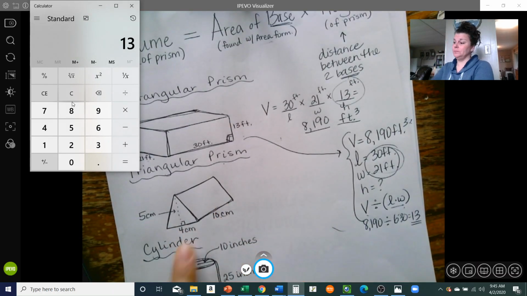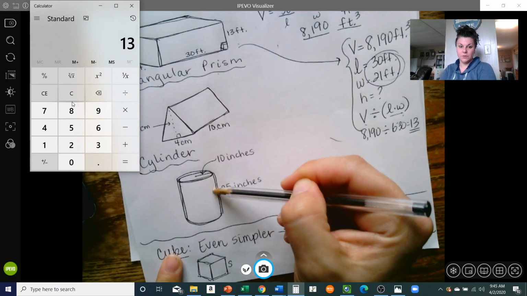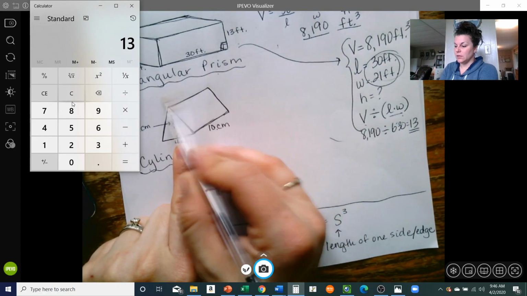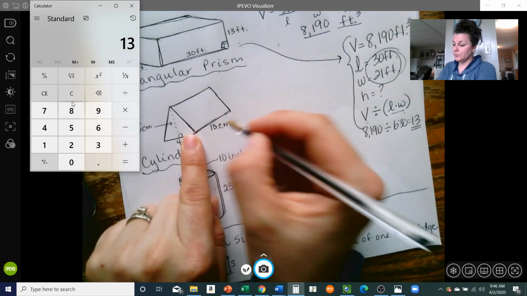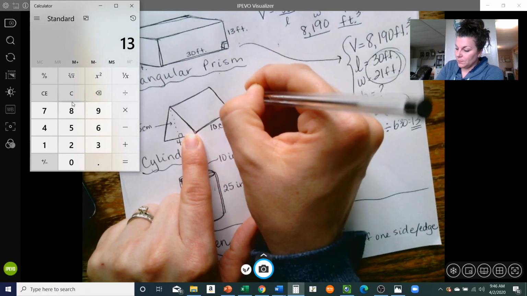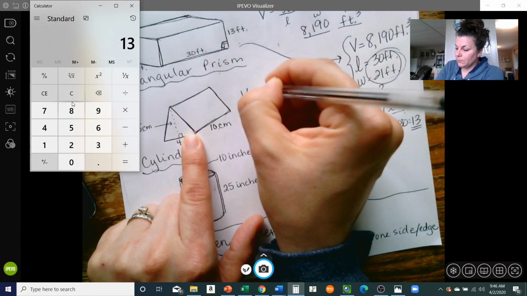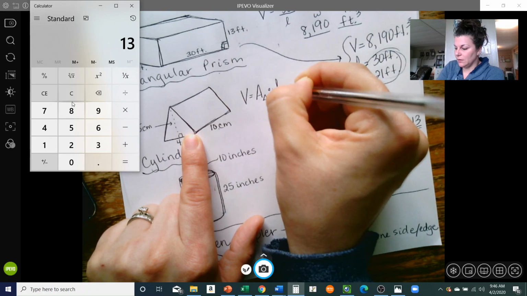Triangular prisms. Okay, that goes to your next page. The other 3D figures, we have these two on there. So the volume of a triangular prism would be the area of the triangle times the height of the prism.